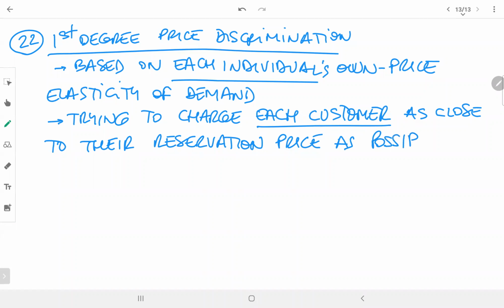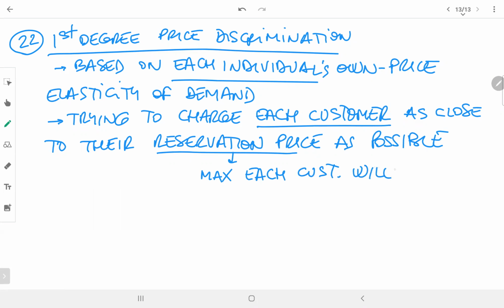Reservation price is the maximum, I believe we covered this in the past. Reservation price is the maximum that each customer is willing to pay for the good or service. This is the maximum each customer is willing to pay.